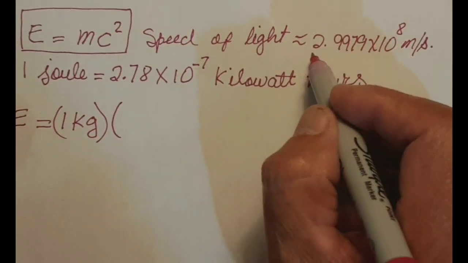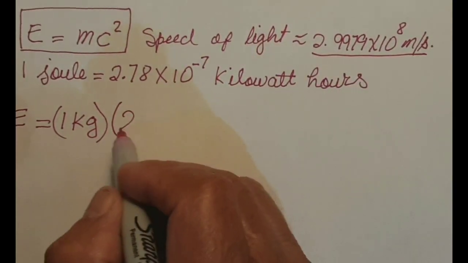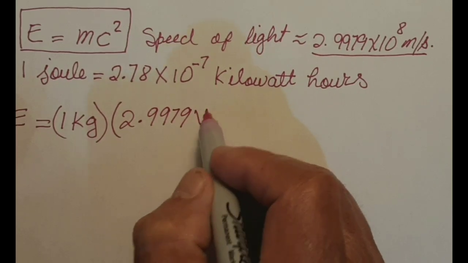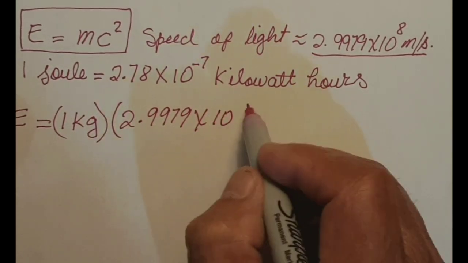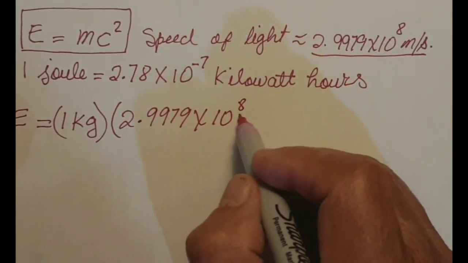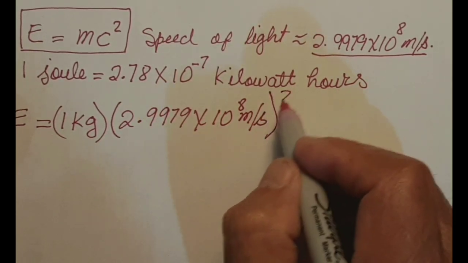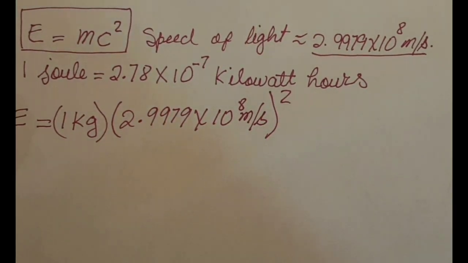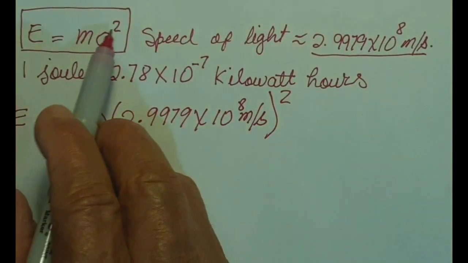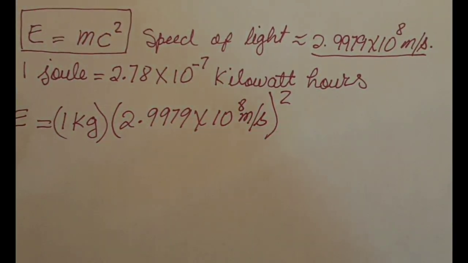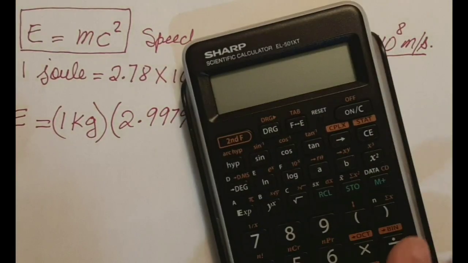What is the speed of light? This speed of light is this, 79. As I said before, the scientists do this because they find it easy to operate, but this is squared. The speed of light squared. Okay, let's do the job.